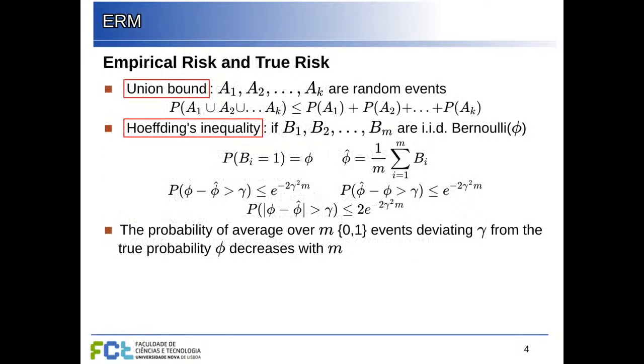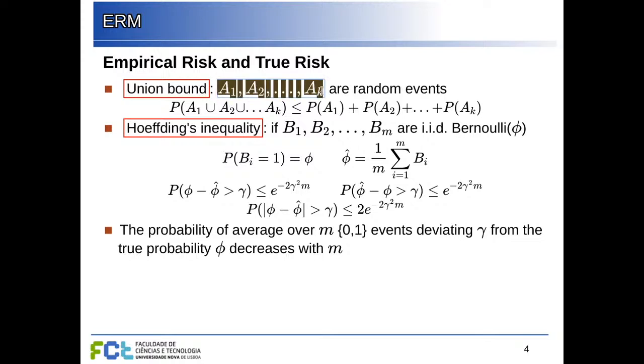Now, to obtain some boundary, some idea, or at least some limits to the probability of making more than a certain number of mistakes, or some boundaries on these risks, we're going to need these relations from probability theory. So the first one is fairly simple.